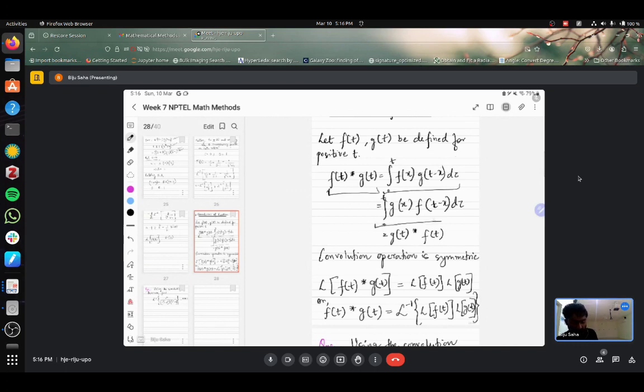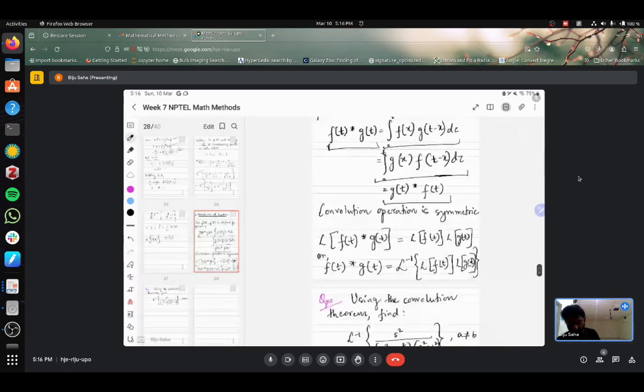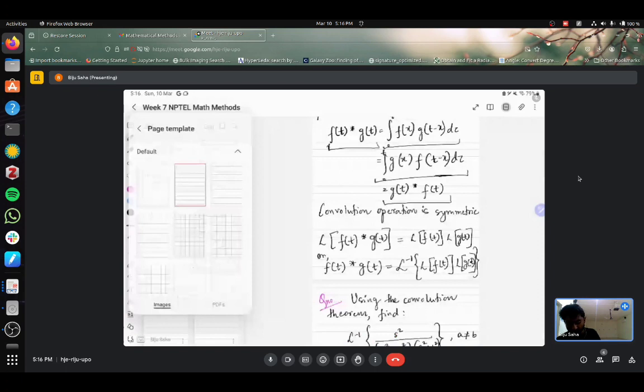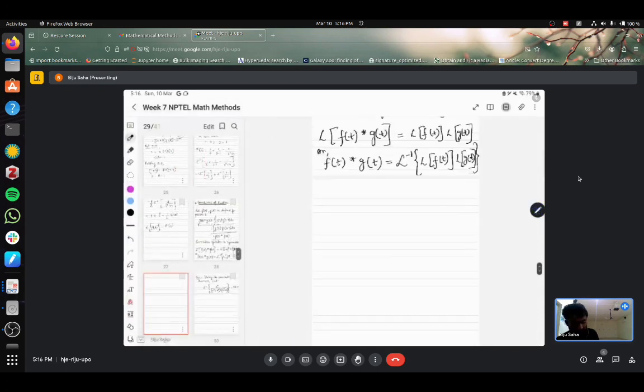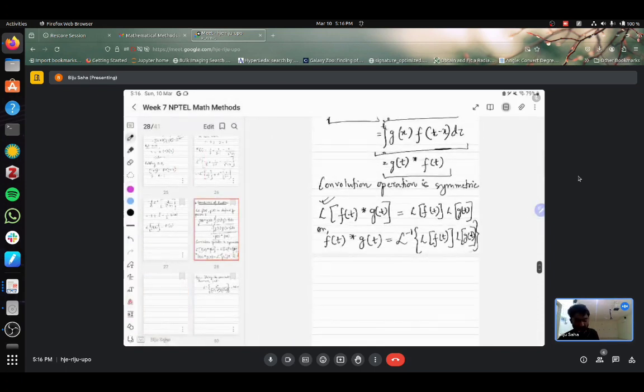And you see that this form is basically equal to this. So from this you can conclude that the convolution operation is symmetric. It does not matter in which order you do the convolution, whether f(t) first or g(t) first, they are the same.